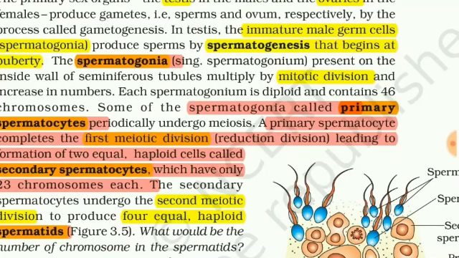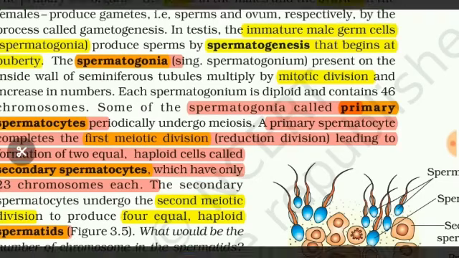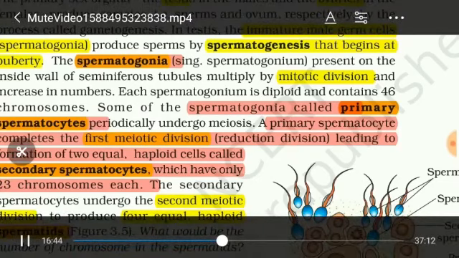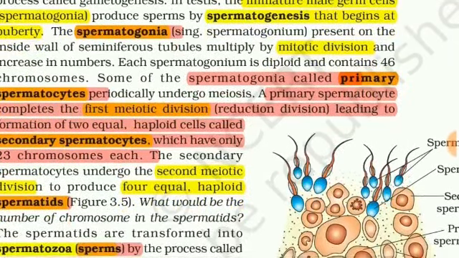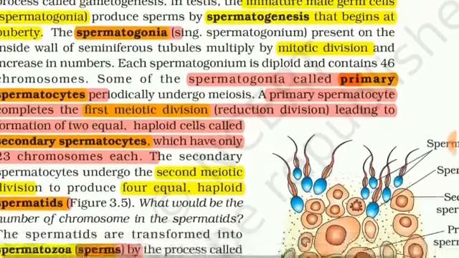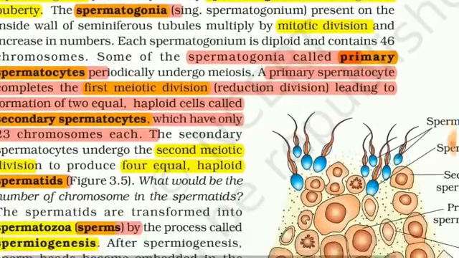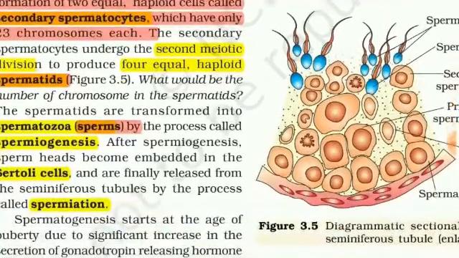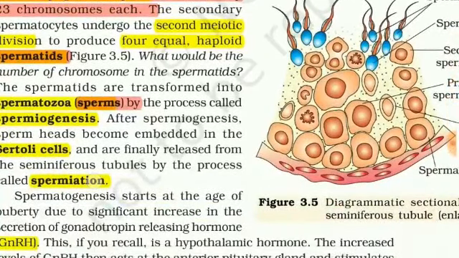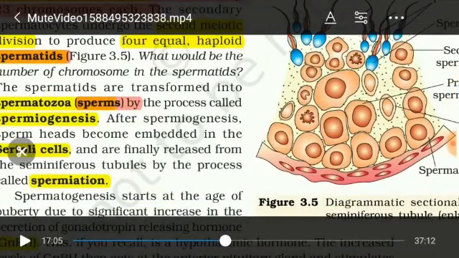After mitosis division, it produces primary spermatocytes, which also contain 46 chromosomes. Spermatogonia follow mitosis division, and primary spermatocytes follow meiosis division.